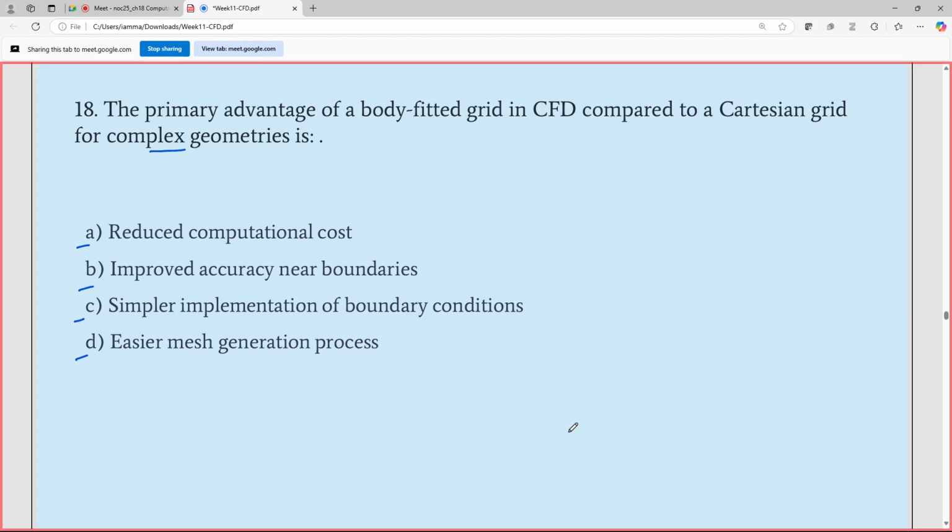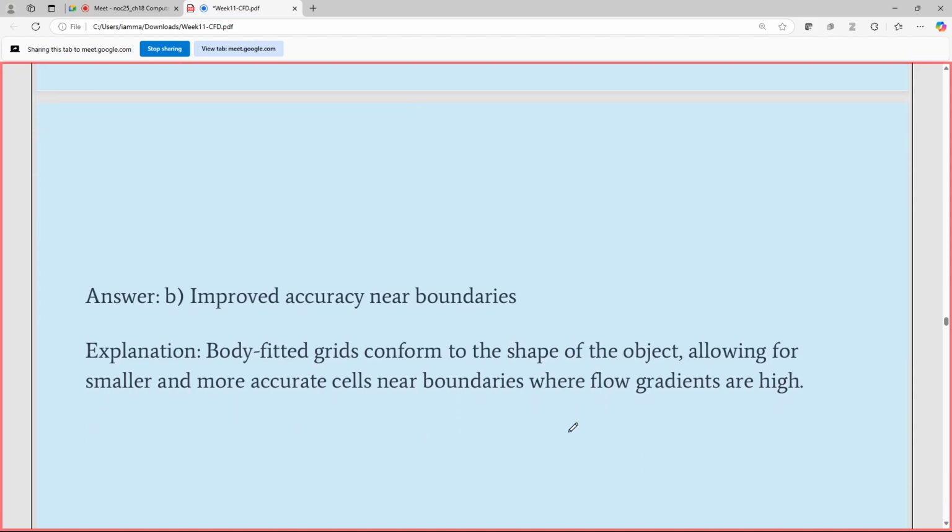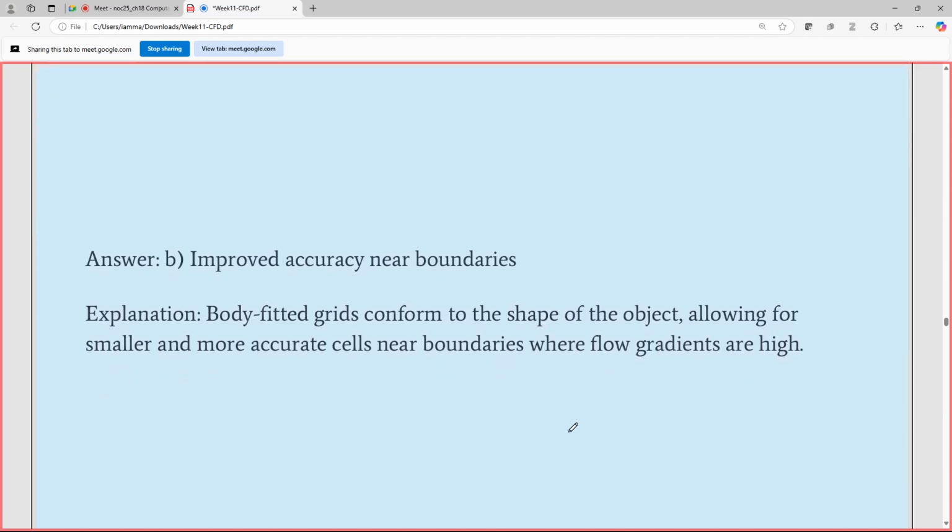The answer is option B, that is improved accuracy near boundaries. The name itself is intuitive. A body fitted grid means the grids or meshes conform to the shape of the objects, which allows for smaller and more accurate cells near the boundaries where the flow gradients are high.